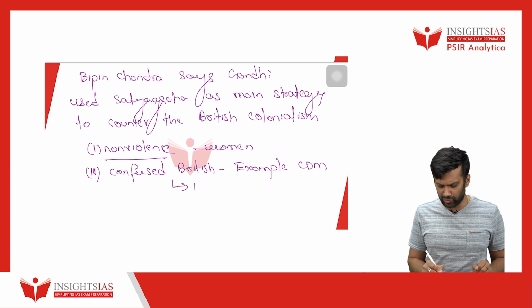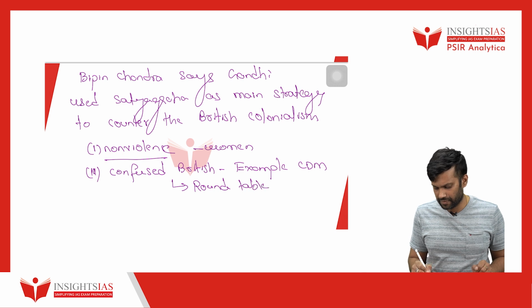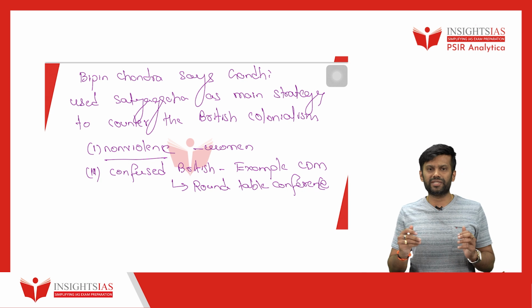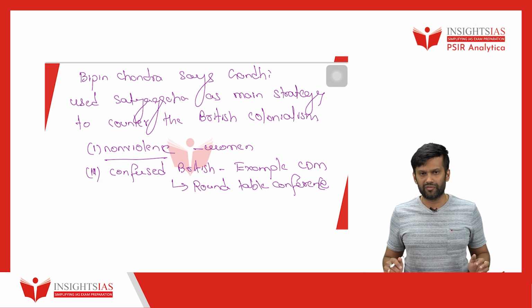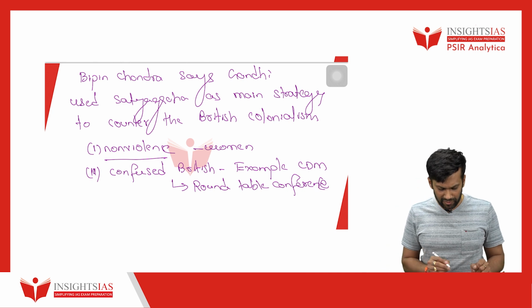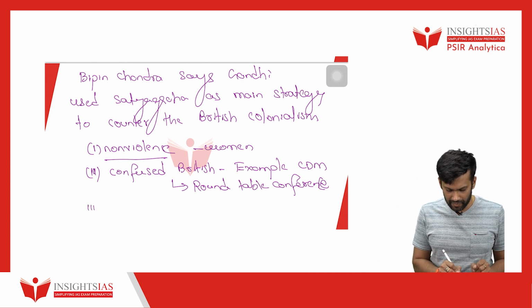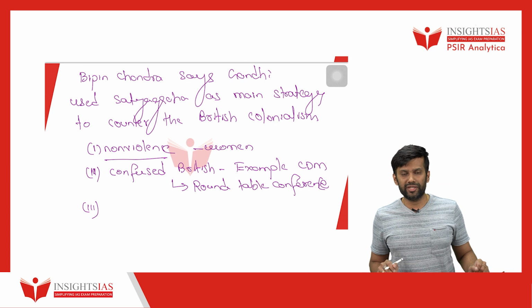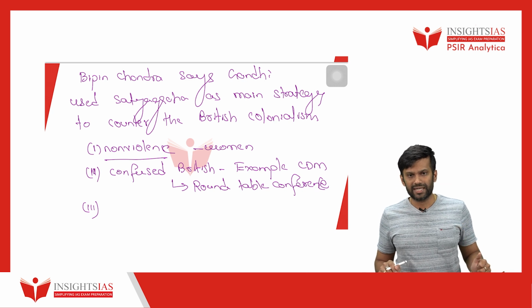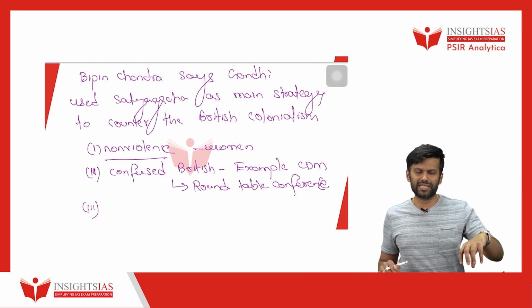In this way, Satyagraha was successfully employed by Gandhi in the civil disobedience movement to get concessions from the British, which led to the Round Table Conference, where for the first time Indians sat at the table as equals to the British for negotiations on future independence. And third, why Gandhi used Satyagraha is that India was a multi-diverse society, and still a nation in the making.